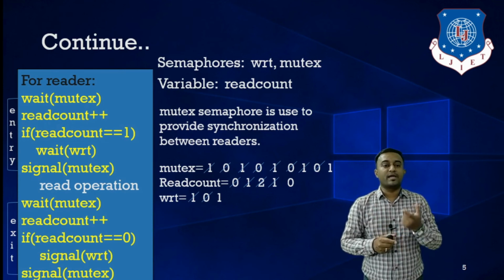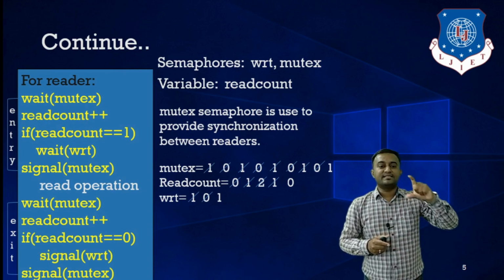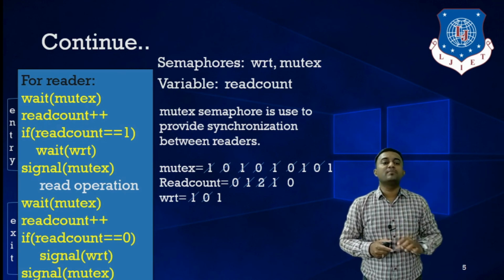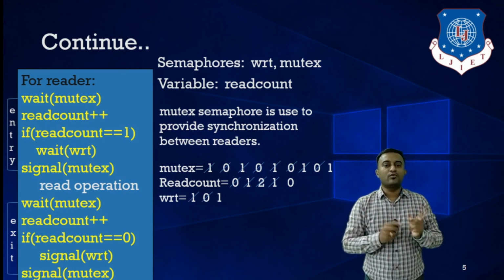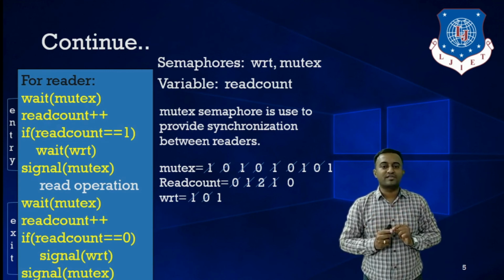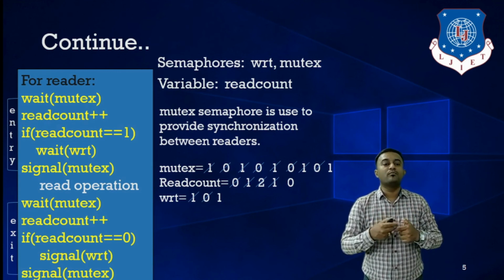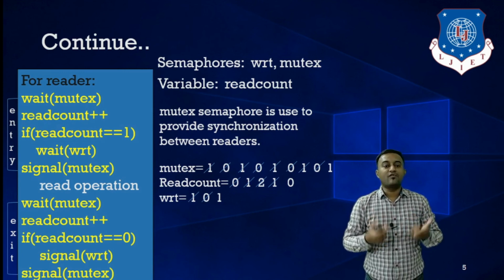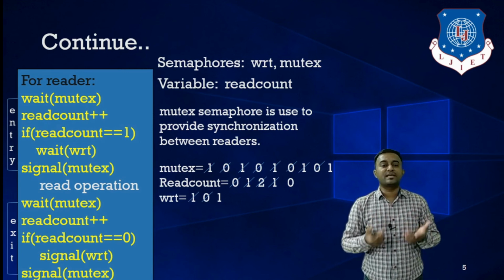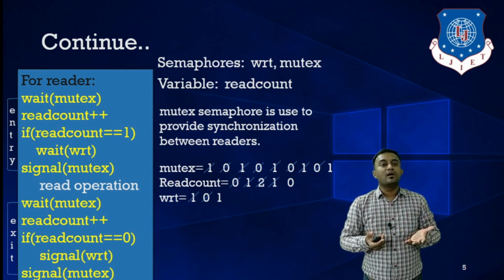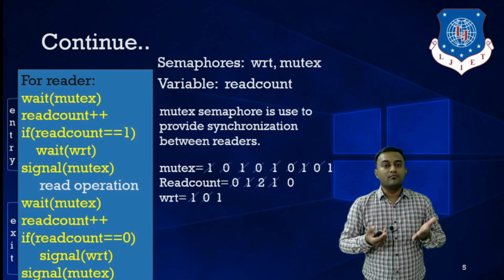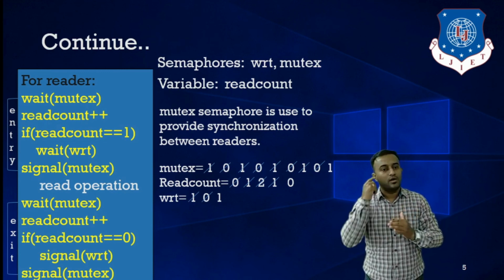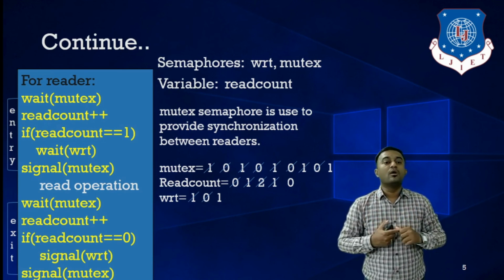So to avoid this problem, again we are executing the exit section. To provide security, we are enclosing this set of code between wait and signal. So wait on mutex, again the value of mutex would be 0. Read count would be decremented, because two users are already using the critical section and one user wants to exit from the critical section.